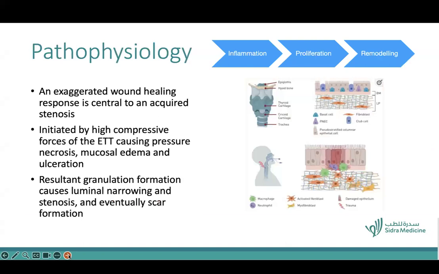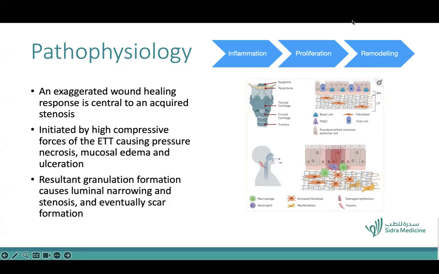And so when you think about the pathophysiology of a subglottic stenosis that's acquired, it's essentially just an exaggerated wound healing response, right? Where you have inflammation, you then have proliferation of cells and remodeling of those inflammatory cells. And usually this is initiated by high compressive forces of the endotracheal tube.